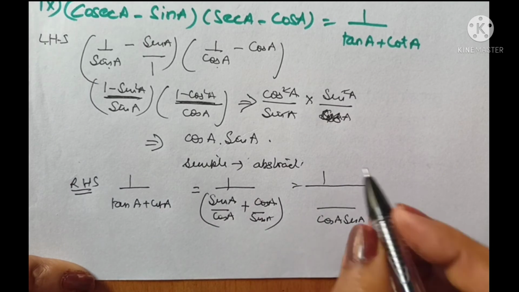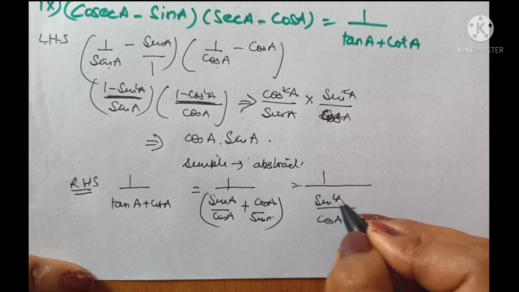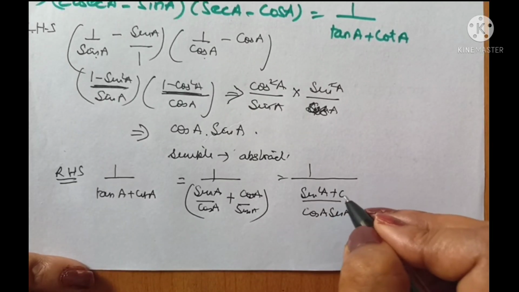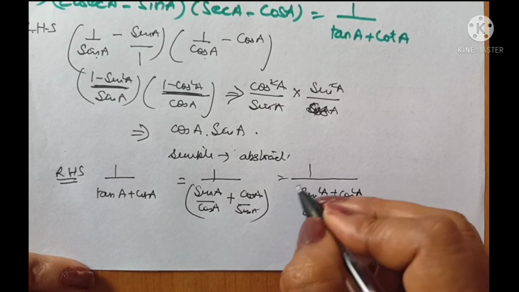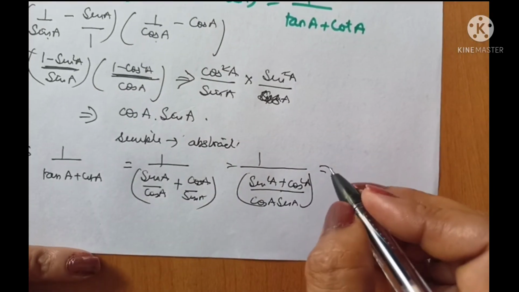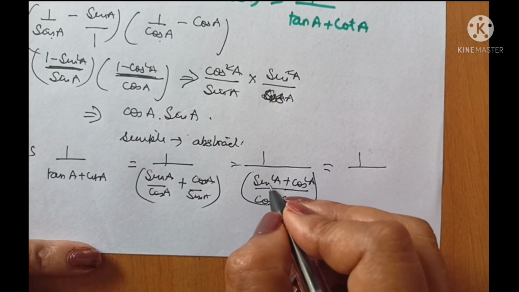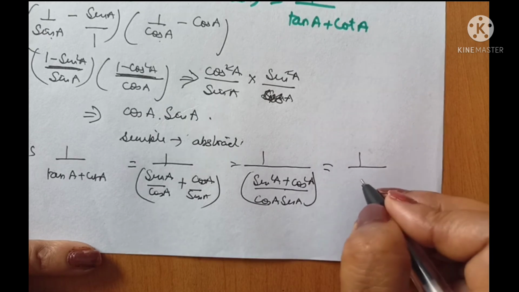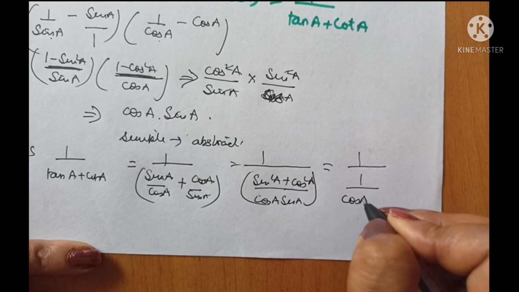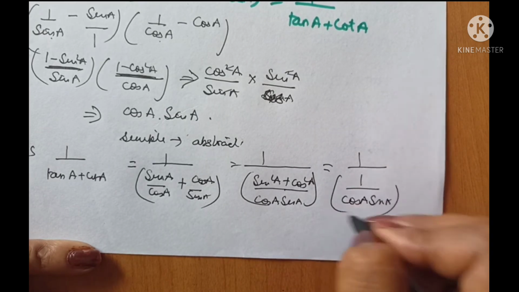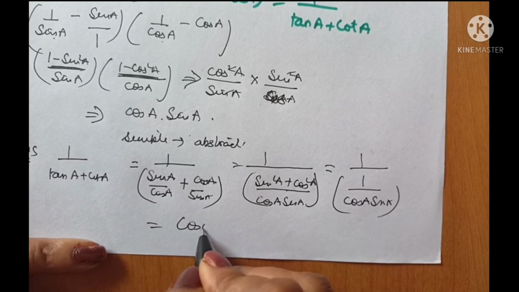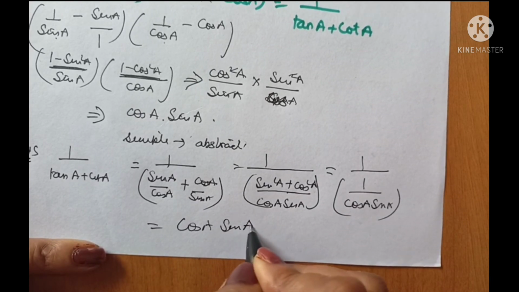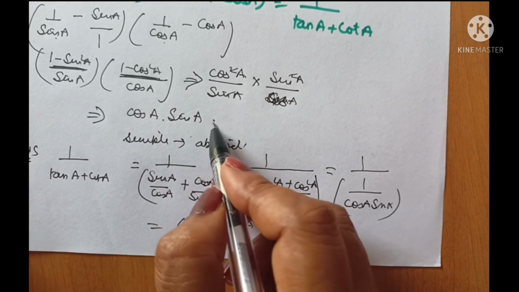This sine A to be multiplied with this, I get sine square A. This cos A to be multiplied with this, I get cos square A. And first let me put the value: sine square A plus cos square A is 1. 1 by cos A sine A. And if I reciprocate it, I get cos A sine A, which is equal to this term only.